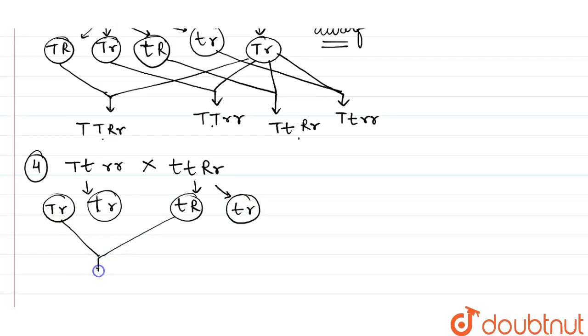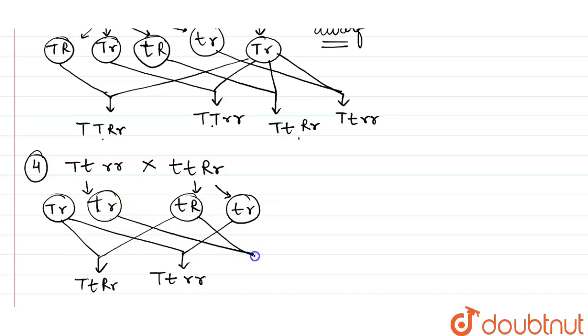When we cross these two, we get tall and round. When we cross these two, we get tall and wrinkled. When we cross these two, we get dwarf and round. And when we cross these two, we get dwarf and wrinkled.